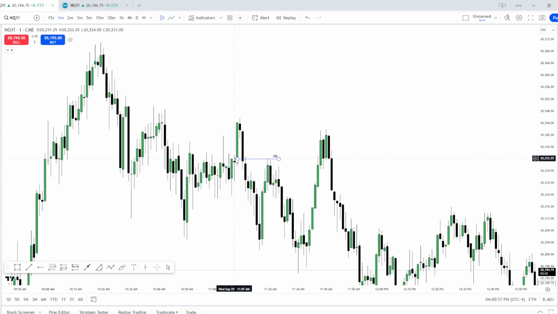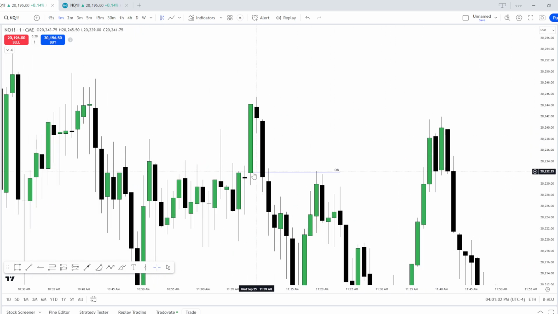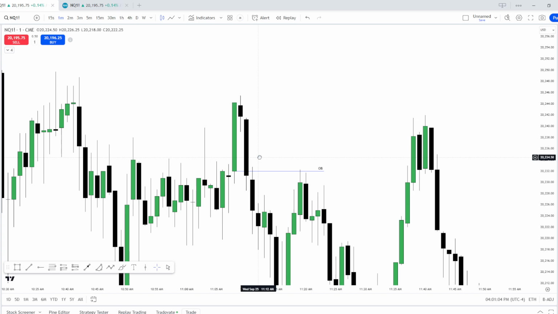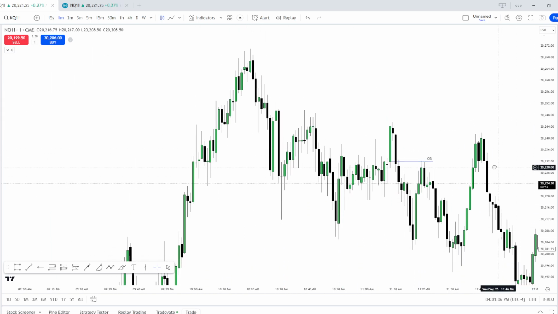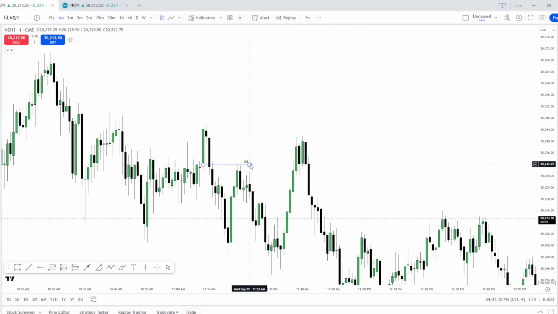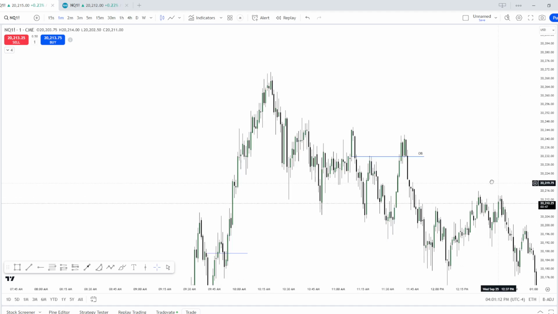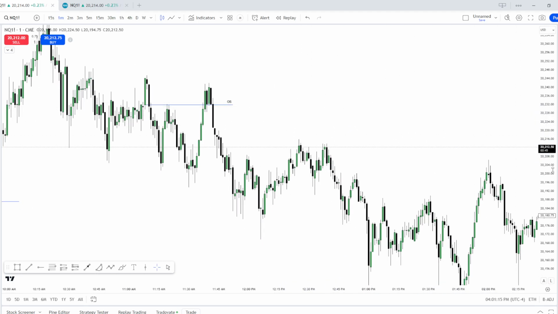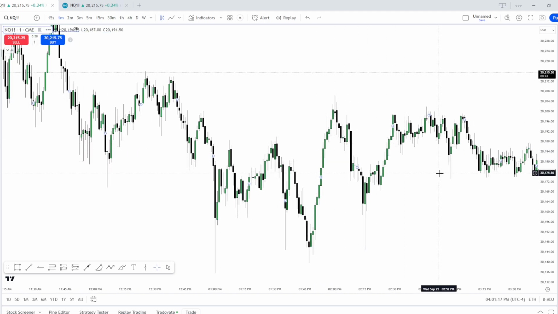If I look a little closer, we close underneath it and then we retest it and start printing to the downside. We also revisit another time and print to the downside, and a third time. So we can clearly see that those ones were holding and were valid.